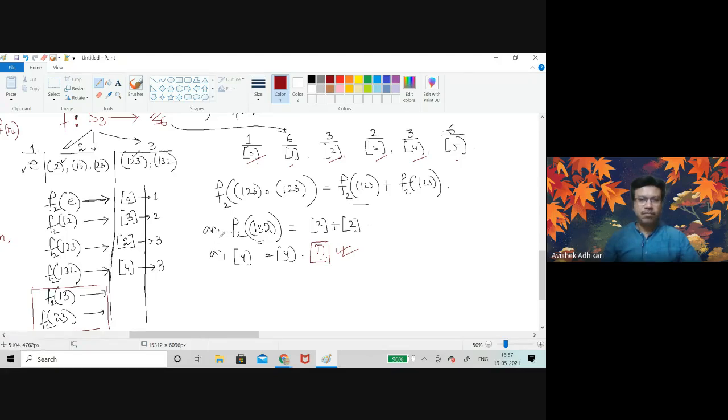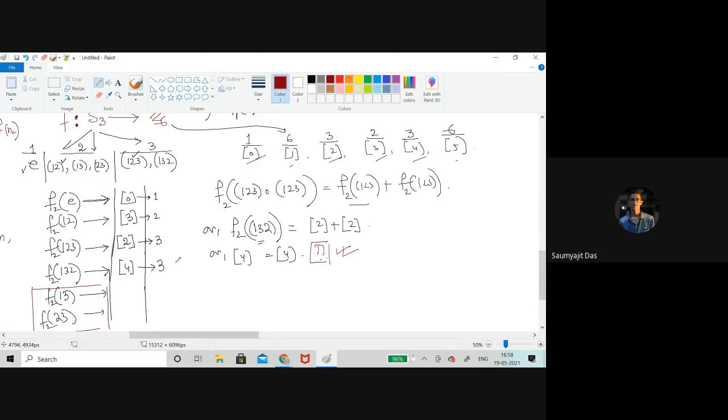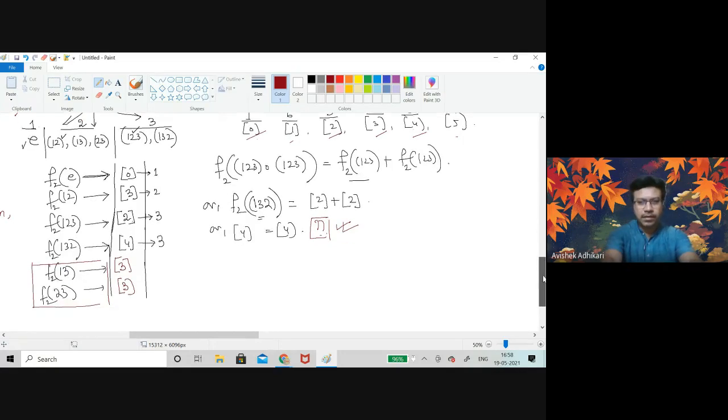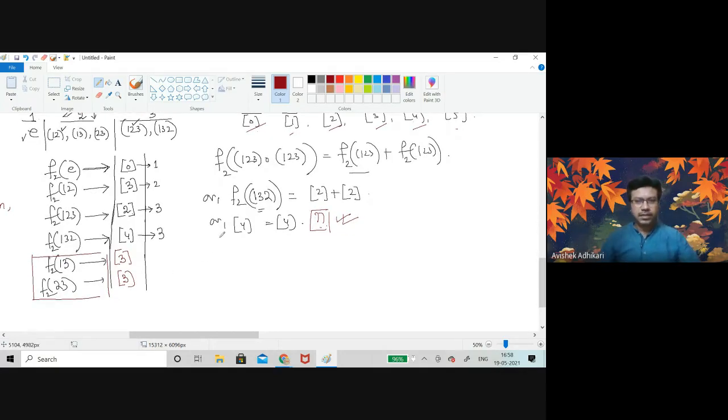Now what should I write here? You have already taken 4. So your elements are then 0, 3, 2 and 4. Let us try f2 of (1 3) also class 3, and the last two are both class 3. Let us try.